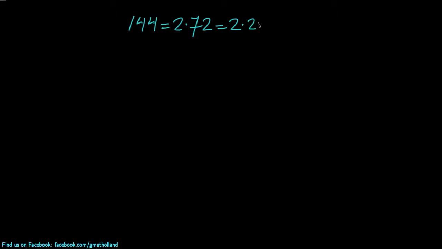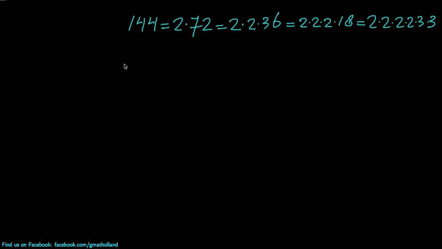split up in 2 times 36, 36 we can split up in 2 times 18, and 18 we can write as 2 times 3 times 3. So 144 is 2 times 2 times 2 times 2 times 3 times 3.